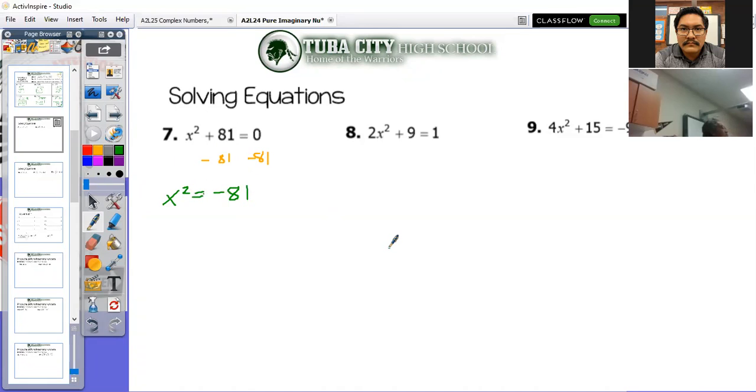And now you notice that we're running into a bit of a problem here, because if you remember, any number you square is automatically going to become positive. So what could you possibly put in there to make -81? Again, 9 does not work because 9 times 9 is positive 81. -9 times -9 is still positive 81.